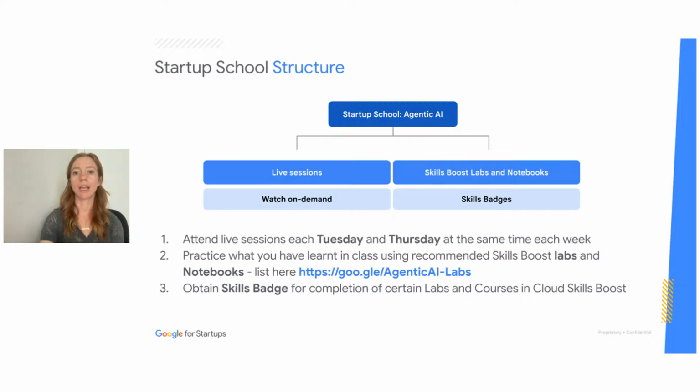All right. Like I said, I know there's some new folks here, so I'm just going to go through a little bit of the program structure, mainly as a refresher and as a reminder. So live sessions are each Tuesday and Thursday at the same time each week. Hopefully you all know that. You're all here attending the live session. As a reminder, all of our sessions are available on demand after the live session wraps.